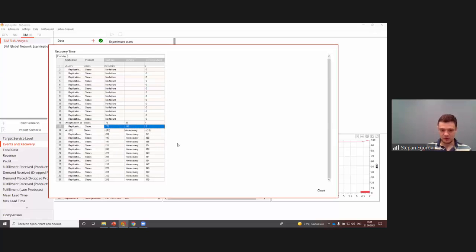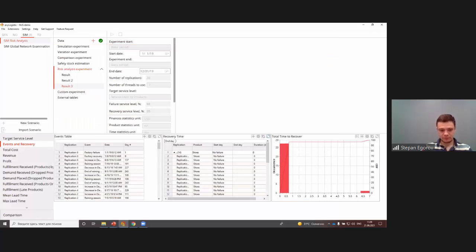And in one case, it was able to recover. So this way, we can see that probably we need to increase some resilience or robustness of our supply chain, and probably add some alternative suppliers or alternative factories where we can produce goods, so that nothing is impeded so seriously.